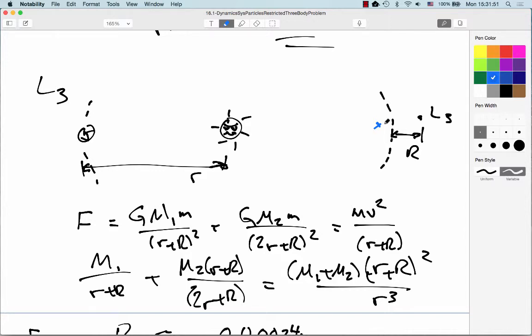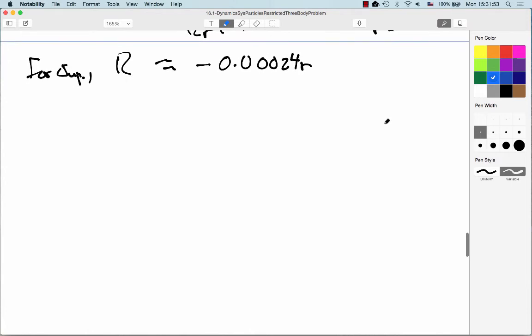All right, so we can treat L4 and L5 simultaneously. So I'll just do L5, it doesn't matter. We're going to have an equilateral triangle here.